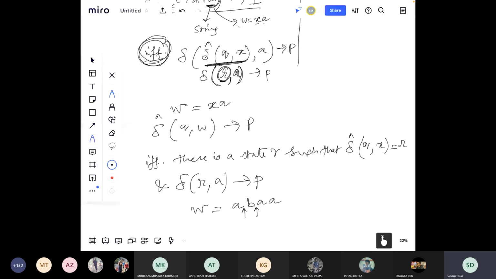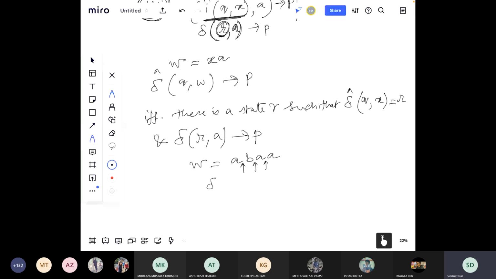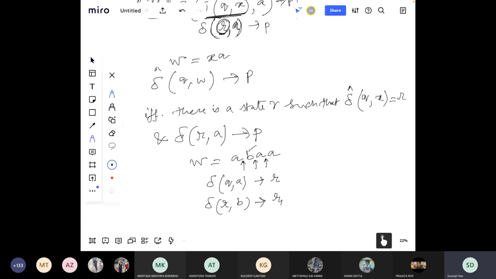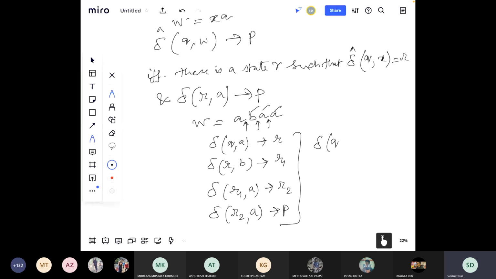If I start at del of Q comma A, I should be going to say R, then del of R comma B, I should be taken to some R1, then del of R1 comma A, I should be taken to somewhere called R2, then del of R2 comma this A should be P. If this is true, then only del hat of Q, you started at Q and went through physical states by parsing one symbol at a time.